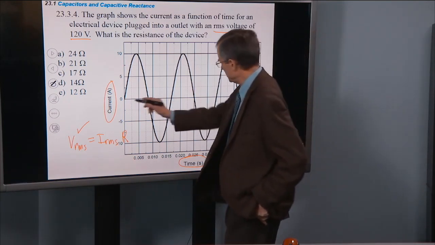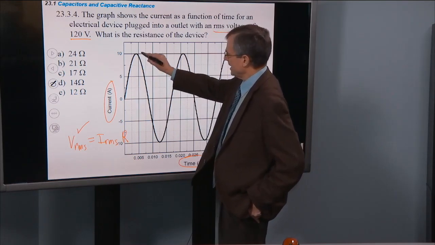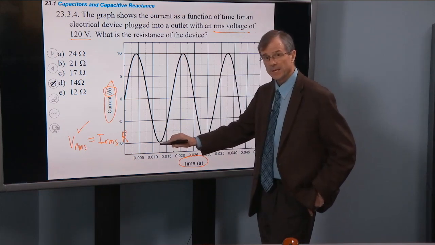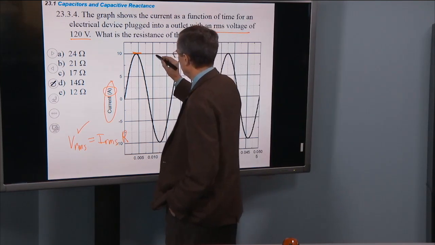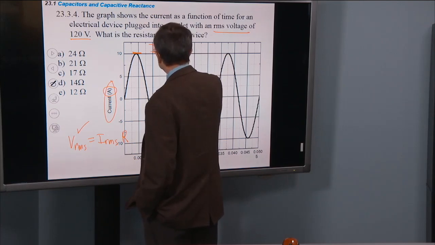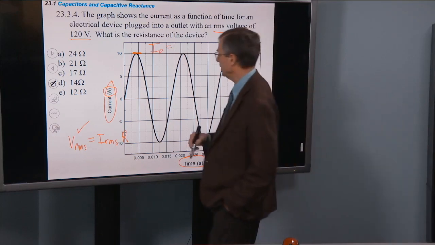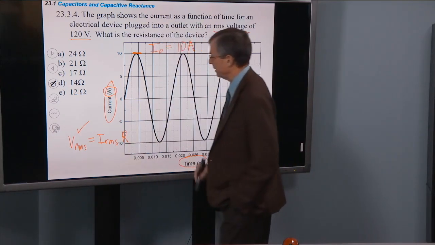Well, this is the current as a function of time. It goes from 0 up to 10 amps, then back to 0, and then down to negative 10 amps. So what would you call this current here? And I hope that your answer is that it's the peak current, I naught, is 10 amps.